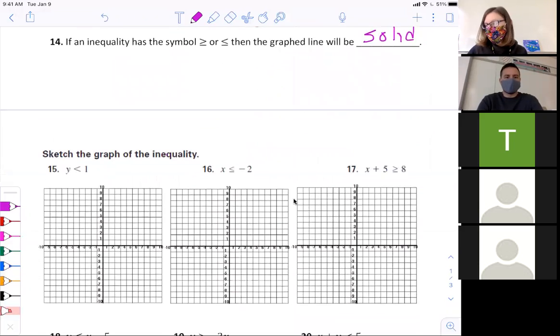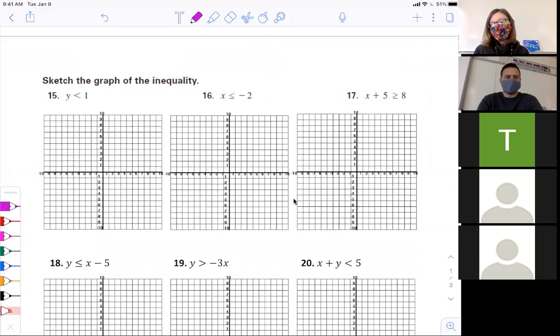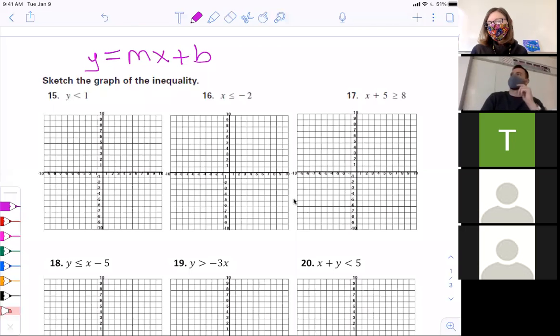The second page, 15 through 20, there are 6 graphs that you're going to plot on the given XY axis. And remember, we're looking at mx plus b. The first one, though, is different because it's just y. All the other ones have that mx plus b form.